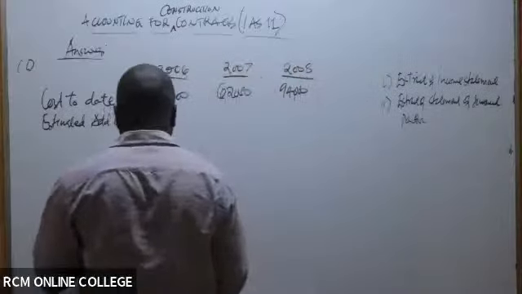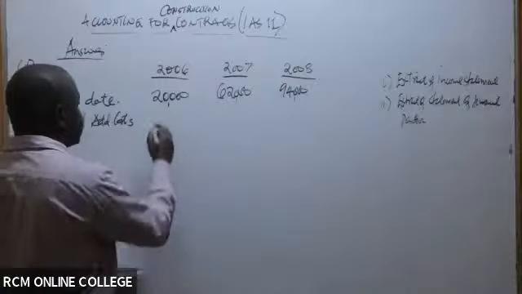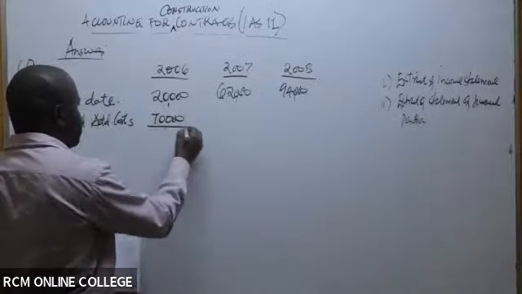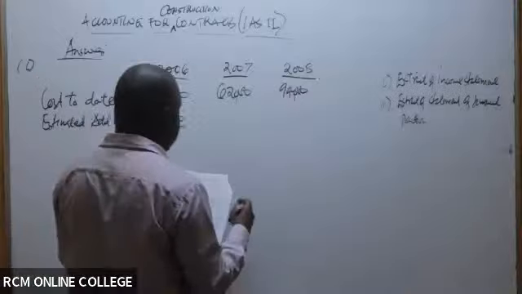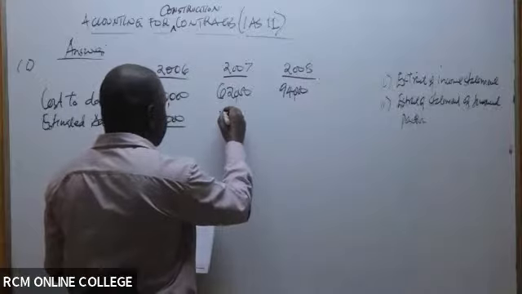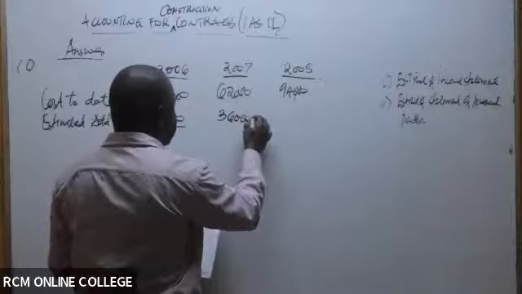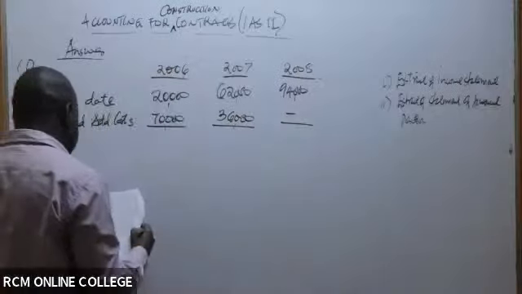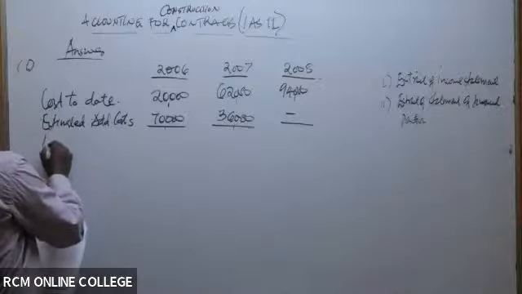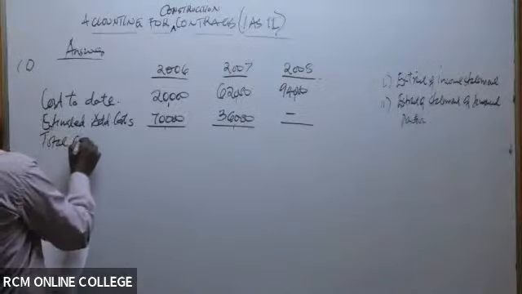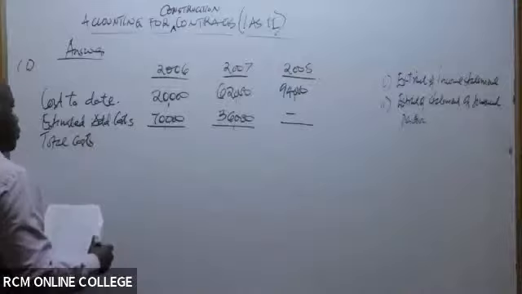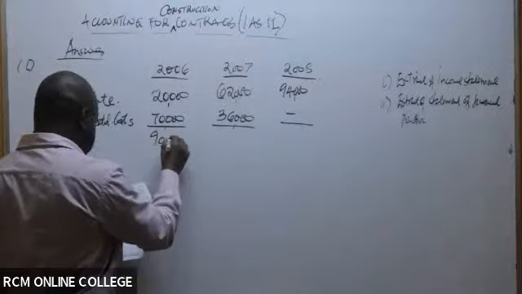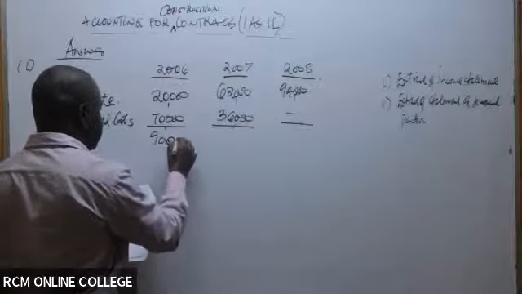Then the estimated additional costs that we have been told, that might end up having to be incurred for the year, in this case 2006, they might end up having to incur a further 70 million as costs. And for the year 2007, they incur further costs of 36 million, but here there is none, right? So it means the total costs in the specific year here will likely be 90 million.